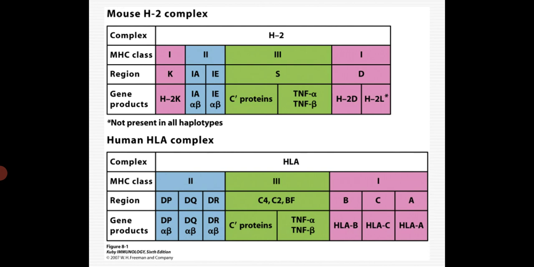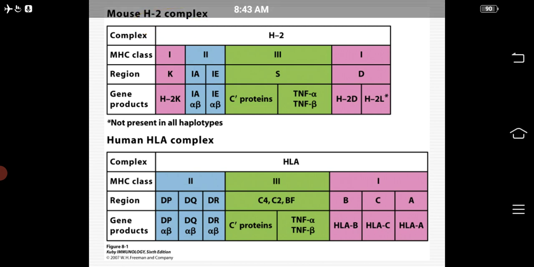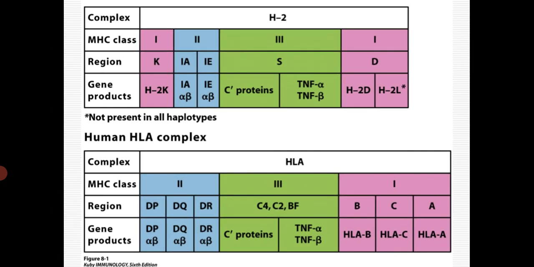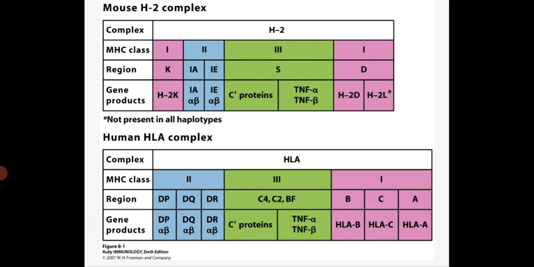Now about the genetic cluster of the MHC molecule. For mouse, it is called the H2 complex. For human, it is called the human leukocyte antigen complex. It has three types: first, third, and second.